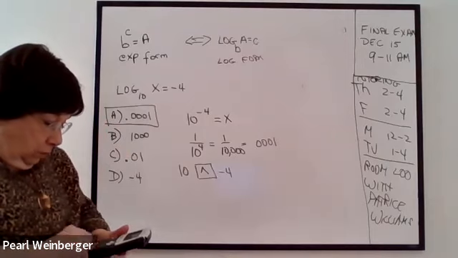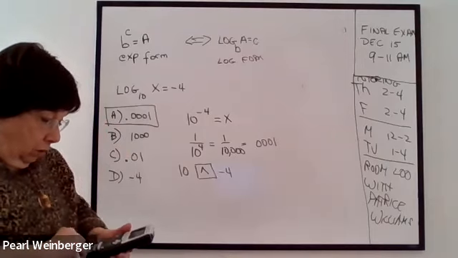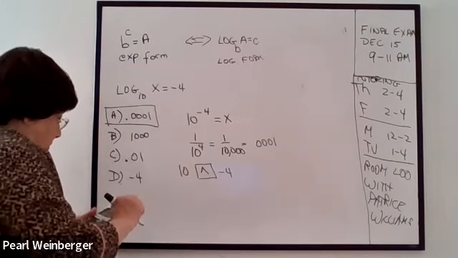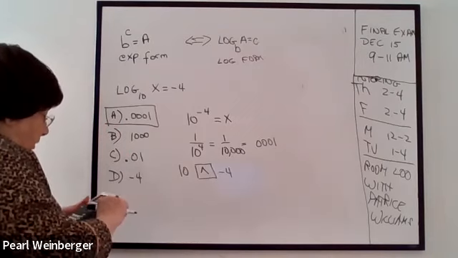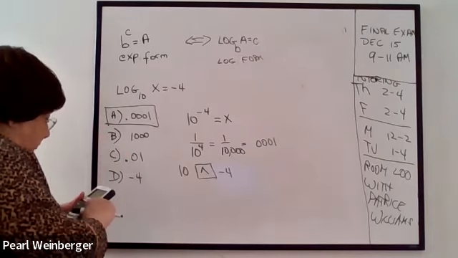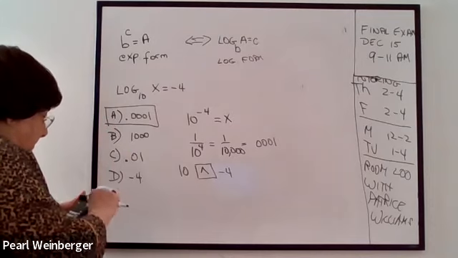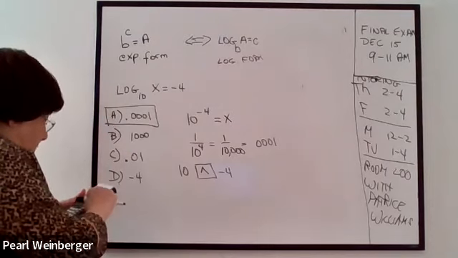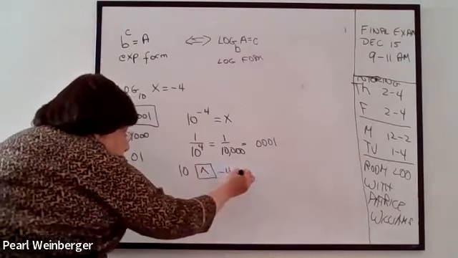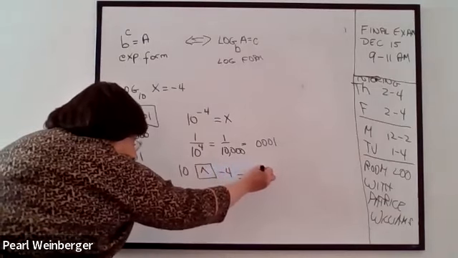So I'm doing exponent negative 4. And when I press it, it should give me 0.0001.